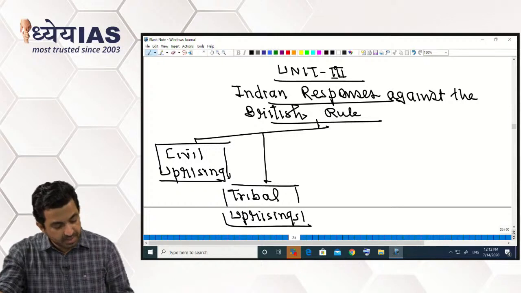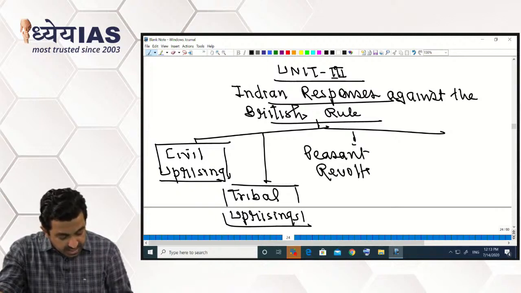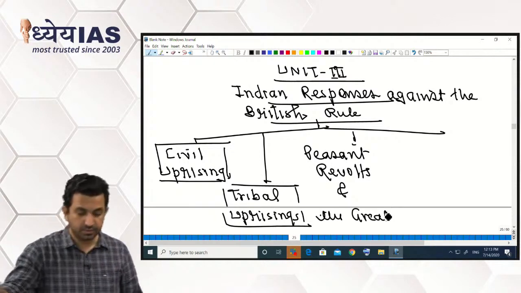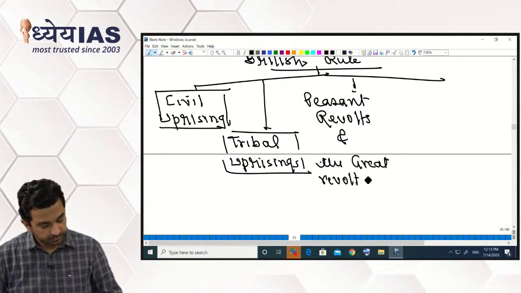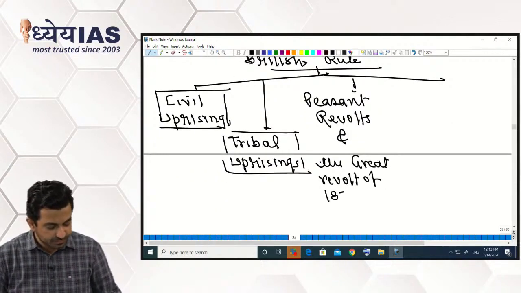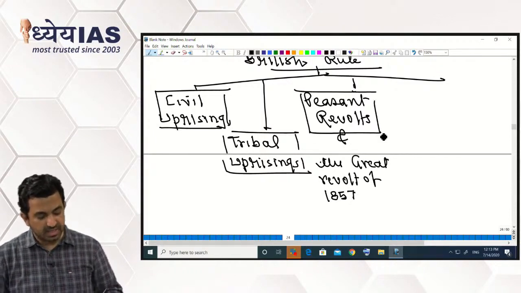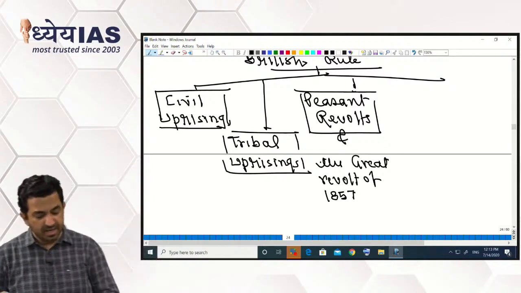Tribal revolts, civil revolts, not to forget about peasant revolts, and eventually the great revolt of 1857.